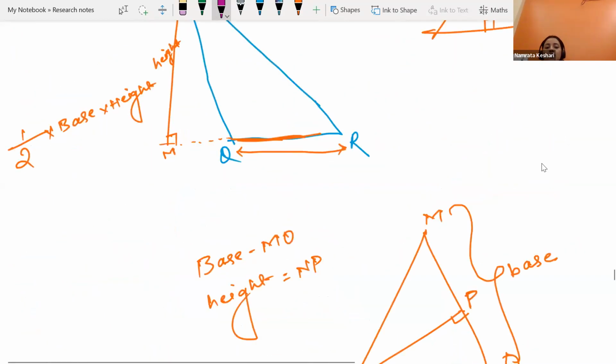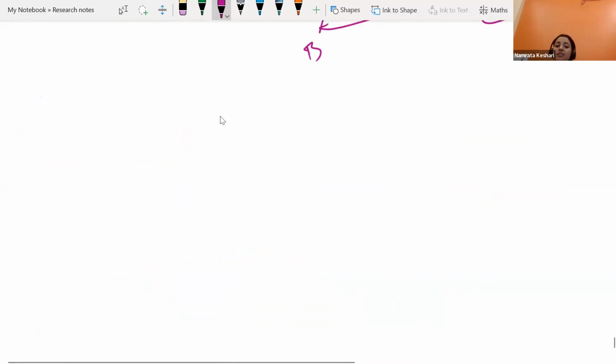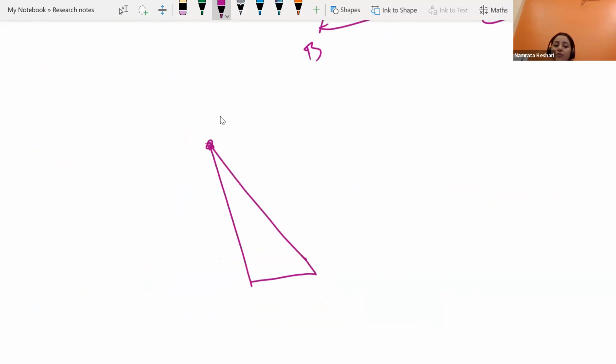Okay, so leave this question. I was explaining what is base, what is height, and one more thing you need to keep in mind: in any triangle, when we drop the altitude, it can lie outside the triangle. We have such triangles in reality, where we drop the perpendicular from one of the vertices and find that the perpendicular is lying outside of the triangle.